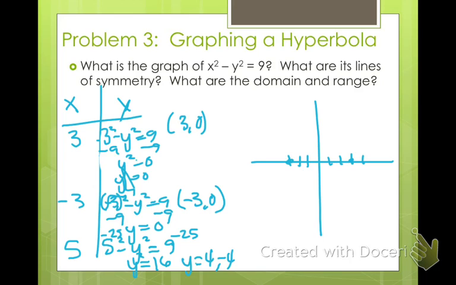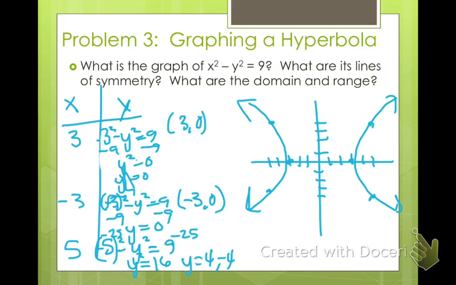We know we have 5, 4, and 5, negative 4. What if we did negative 5? Would the same be true if we plugged in a negative here? Well, we would still get 4 and negative 4. So we're starting to get those two parabolas facing away from each other. I would say yes. So this is our hyperbola.